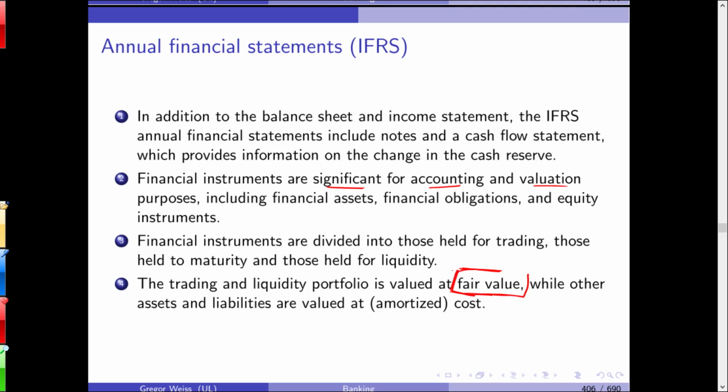Why? Because under the German commercial code, we assume that we do not want to sell it, we want to use it. And if you only want to use this asset, you can value this asset position at amortized cost and use depreciation rules.